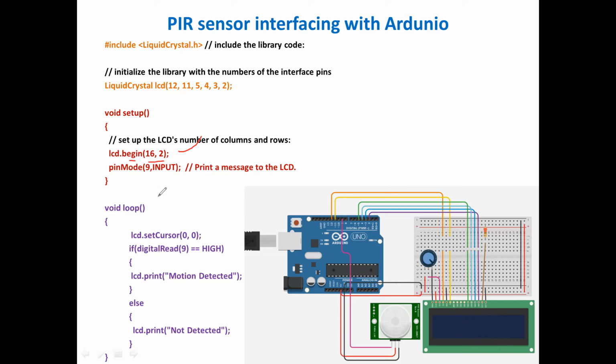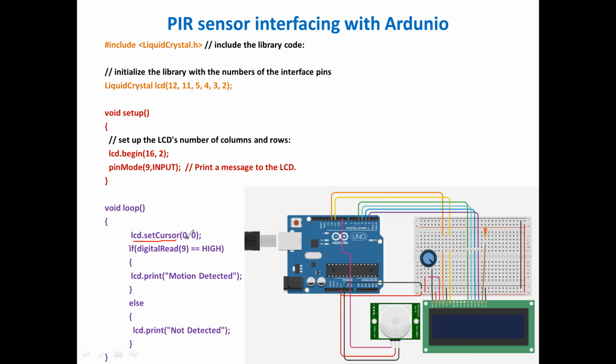Also in the setup function, you have to say that the 9th pin, which we have interfaced with the PIR sensor, is going to act in input mode. I'm configuring the pin mode of the 9th pin as input, because the signal is going to be an input to the controller. These are the basic configuration steps.